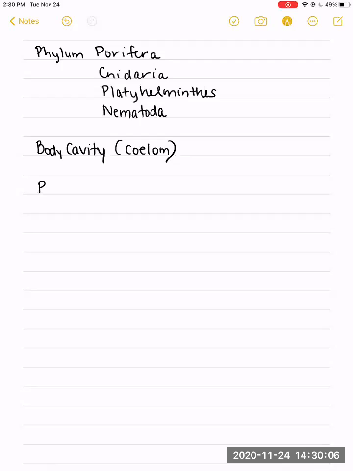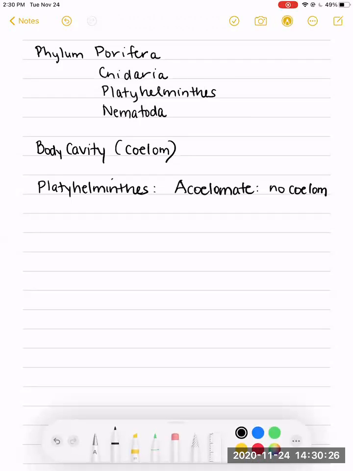So looking at Platyhelminthes, they are what is called acelomate, meaning no celome, no body cavity. And let's look at how that presents itself. So right here in the middle of the animal is going to be the gut, made of endoderm.